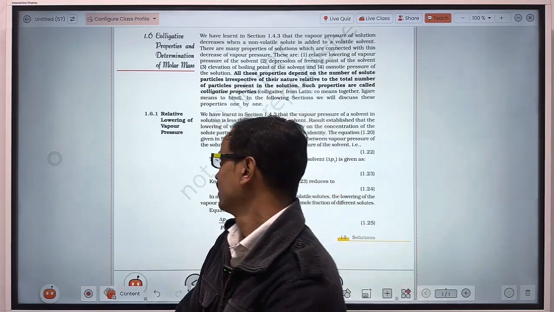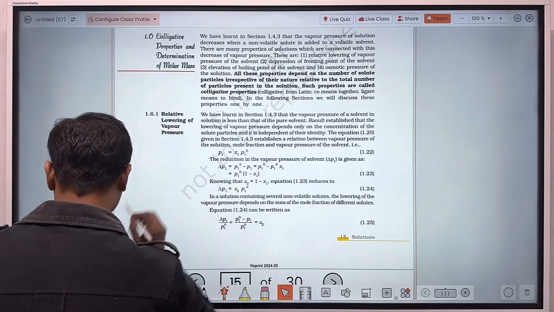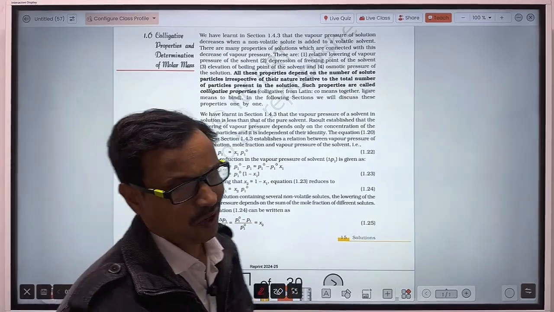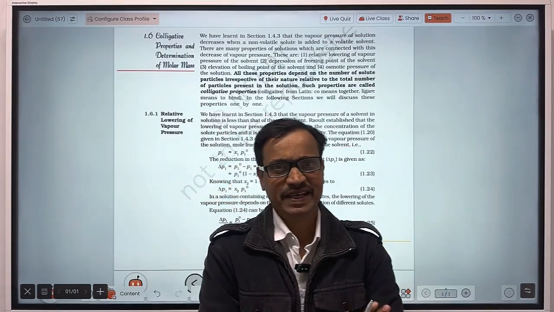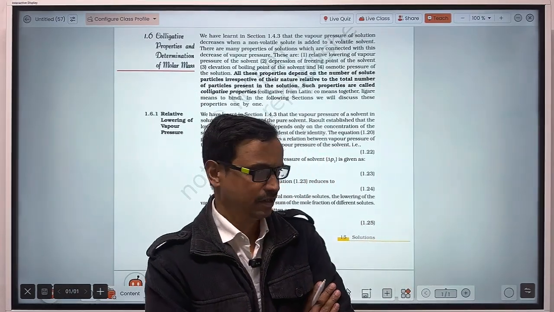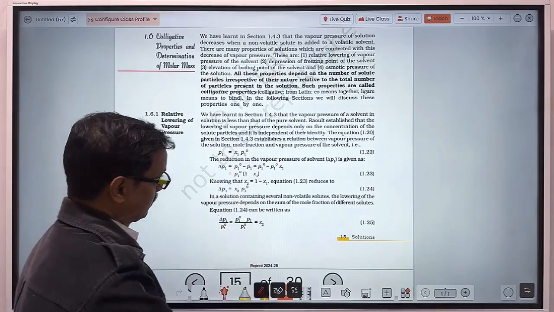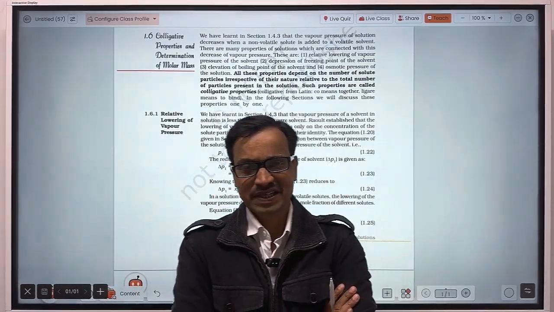Okay, let's see. First of all, relative lowering of vapor pressure. Those students who are preparing for JEE Main or for the NEET examination should observe the expression.